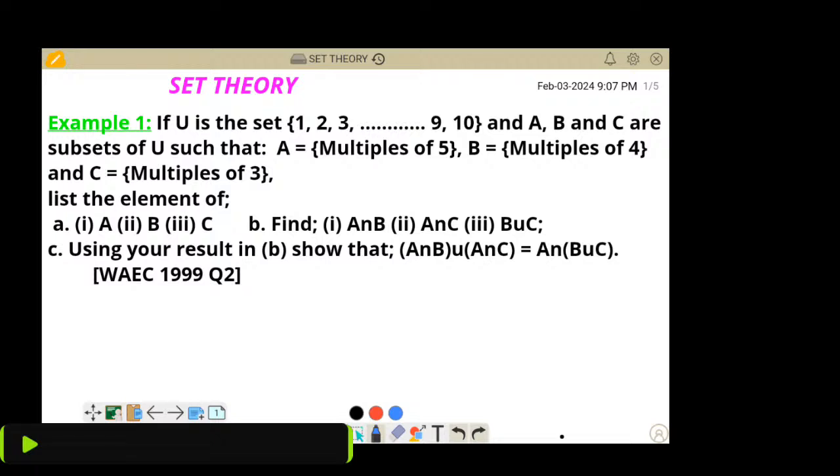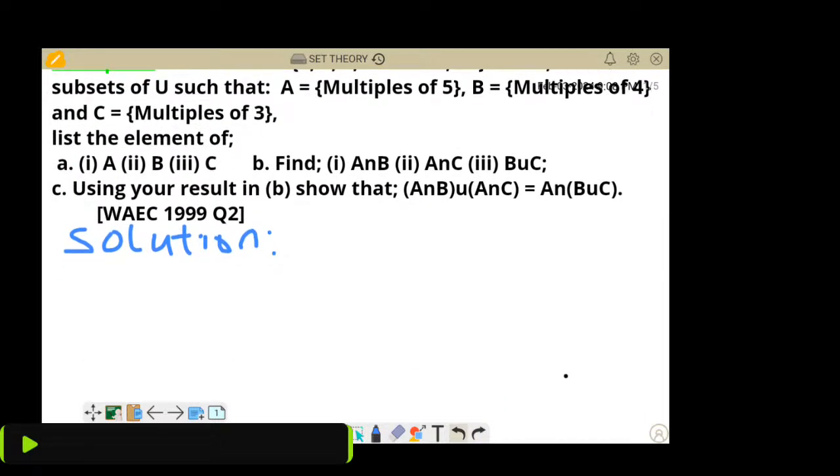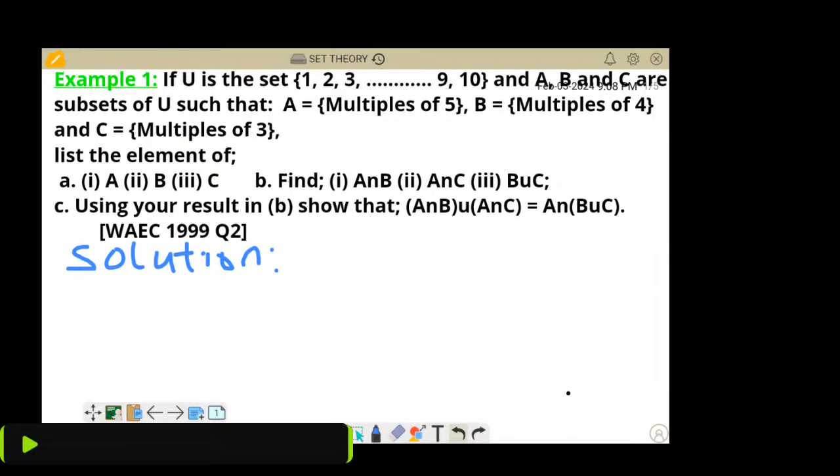Okay, let's start with the solution to A. Now A is a multiple of 5 and it's a subset of U. Therefore, you can say our A, Roman figure 1, A will be equal to multiples of 5 between 1 and 10, which is 5 and 10.